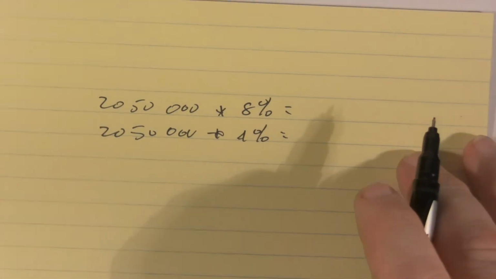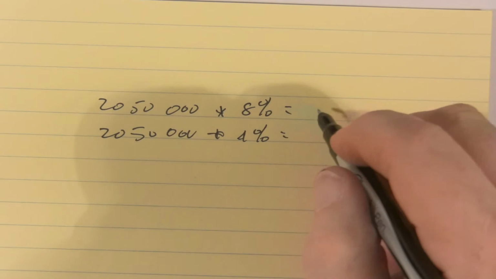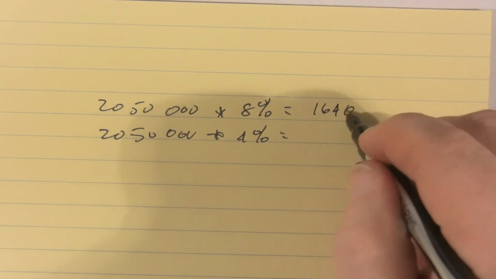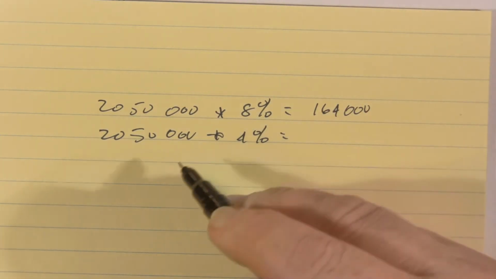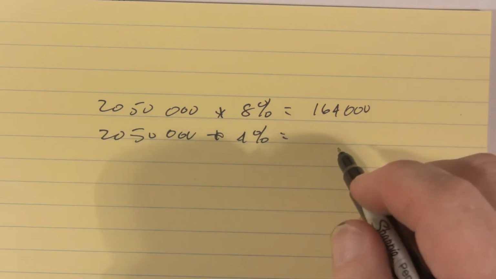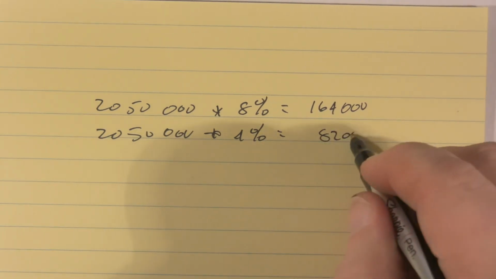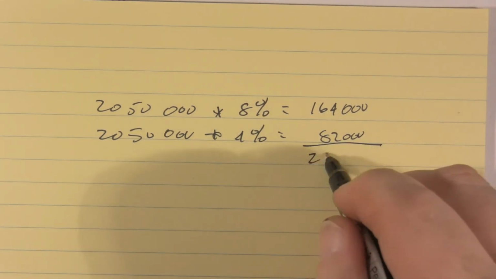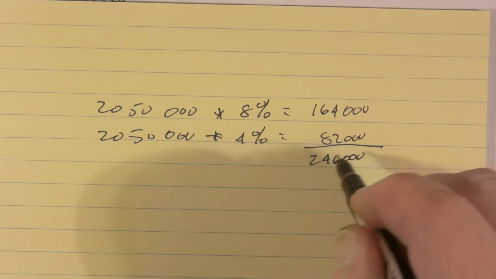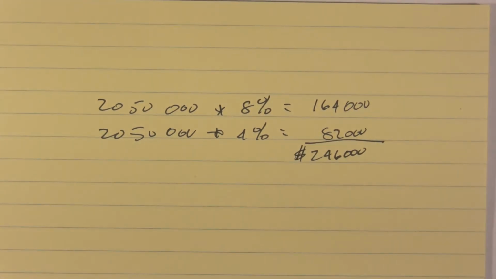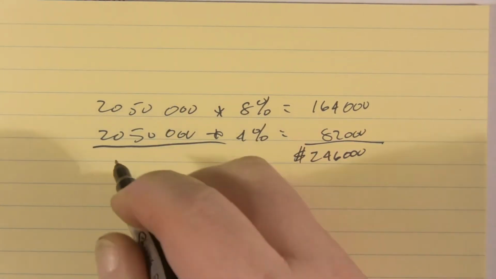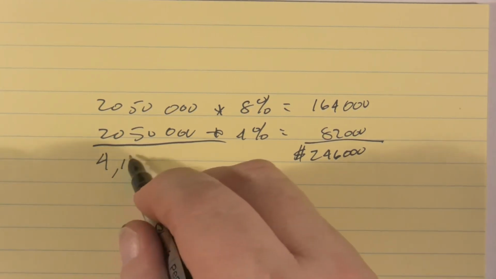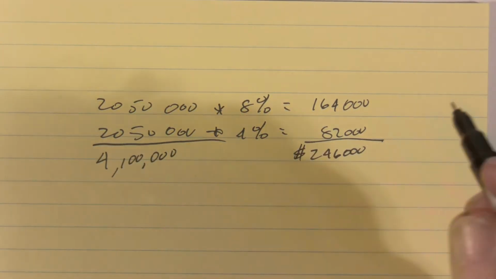You do that, we come up with, this is what, 164,000, and this is 82,000. I do funny math. So $246,000 is our interest. So we borrowed $4,100,000.